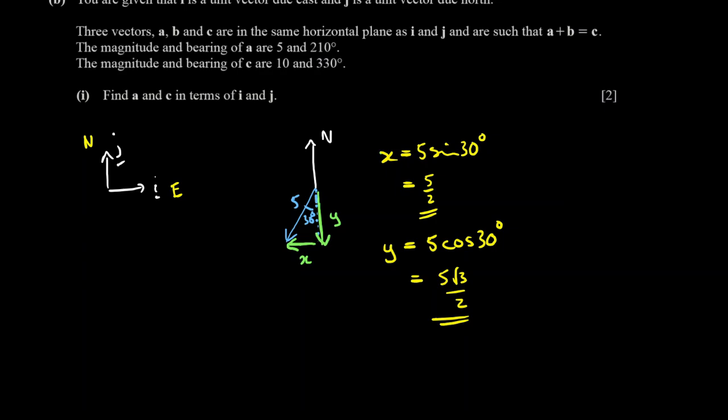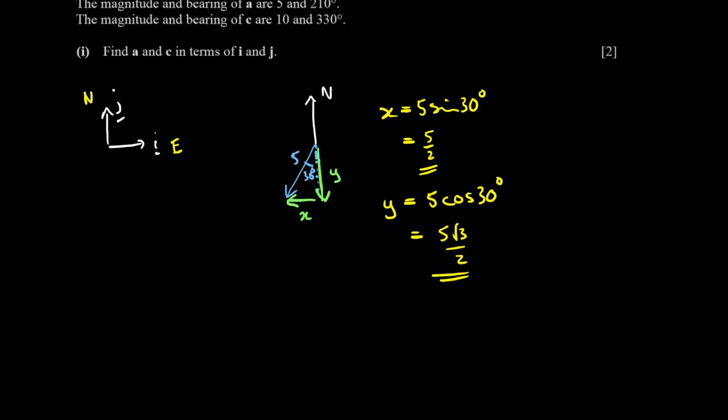So actually this vector A is going to be equal to minus 5 upon 2 in the i direction and minus 5 root 3 upon 2 in the j direction, because it's going a little bit to the left and a little bit down, so they're both negative.